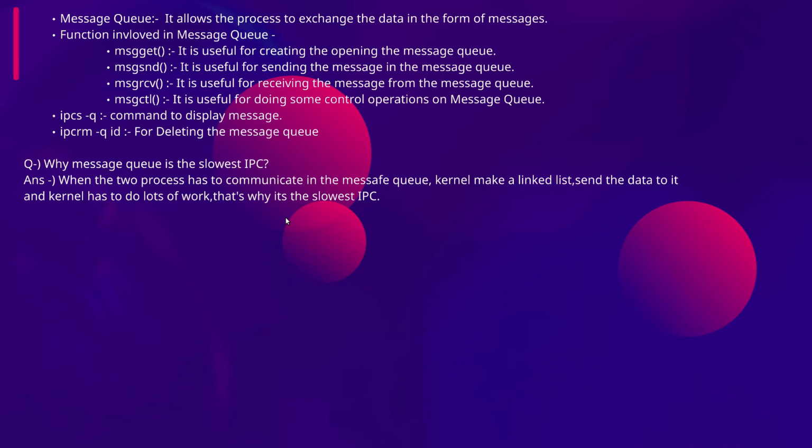That's why it's the slowest IPC. So we use shared memory on top of that, which is the fastest IPC mechanism.